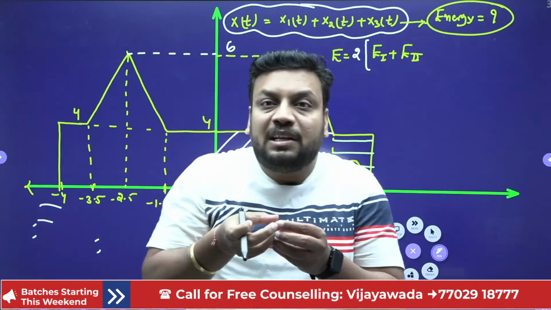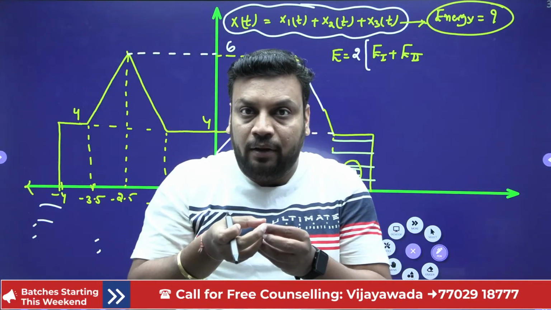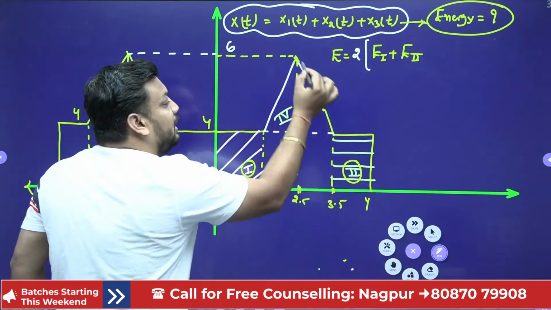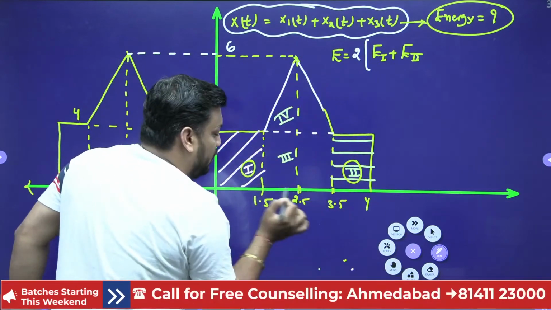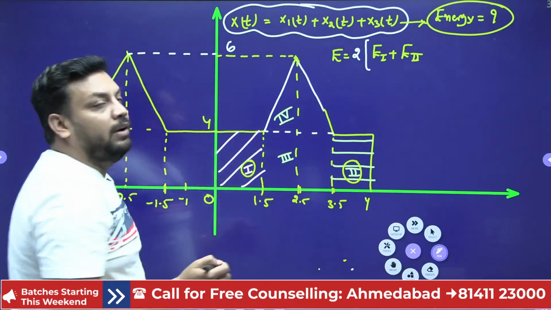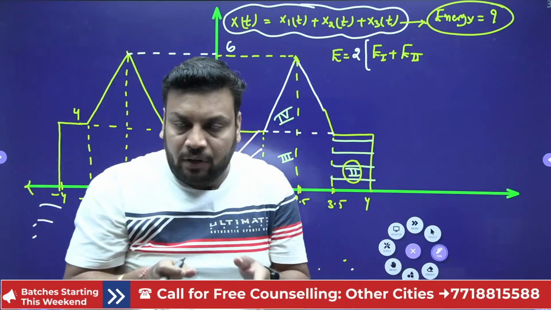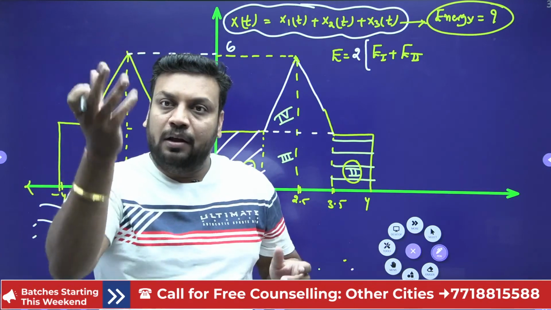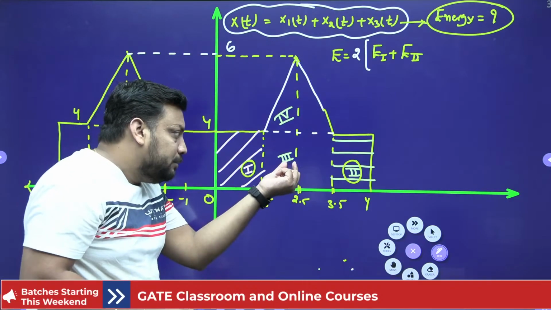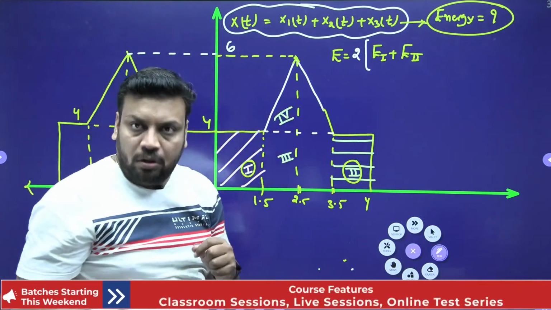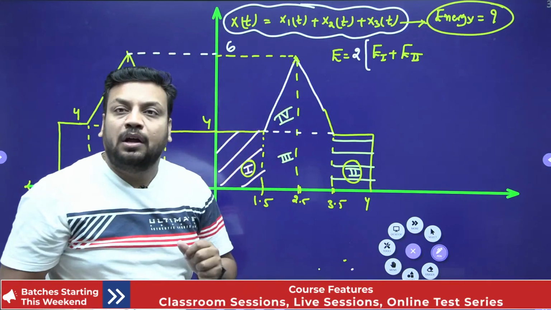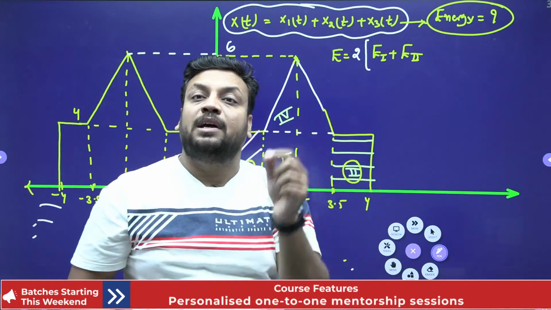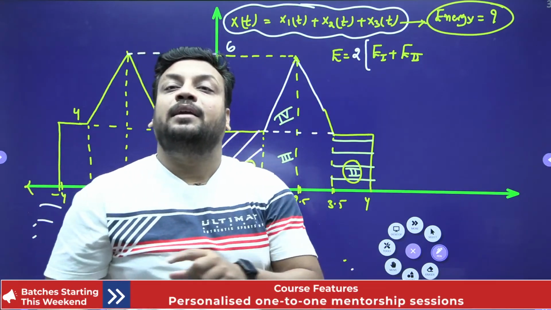And energy formula says that, we have actually x(t) whole square. So if I will take this signal from 1.5 to 3.5, whatever the nature of signal, temple nature, let me take this as f(t). So energy is f(t) whole square. And do you know what is f(t)? f(t) is nothing but signal number third plus signal number 4. And whenever you will do square, so you will have third square plus fourth square plus twice AB.